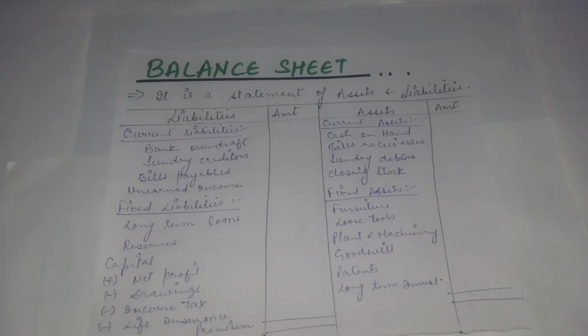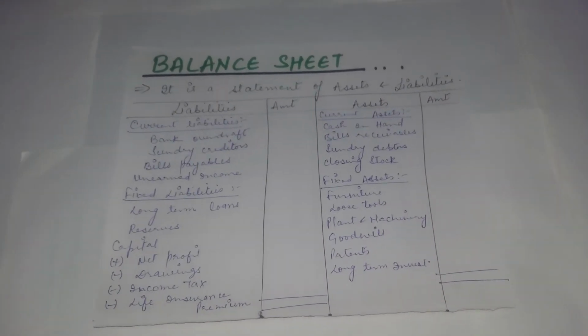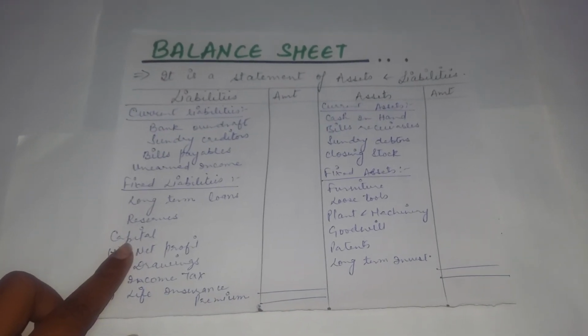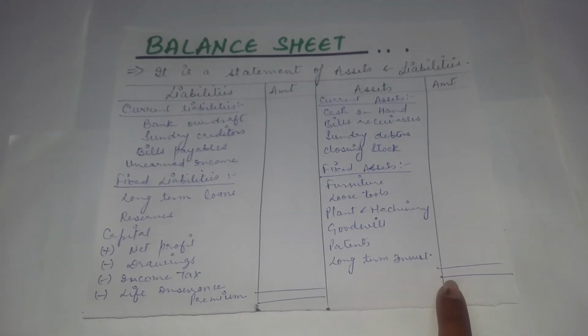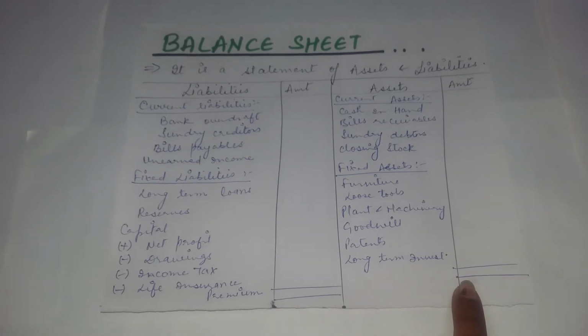Next is the balance sheet. What is a balance sheet? It is a statement of assets and liabilities. On the debit side we have the liabilities, and on the credit side we have our assets. On the liability side we include current liabilities and fixed liabilities.